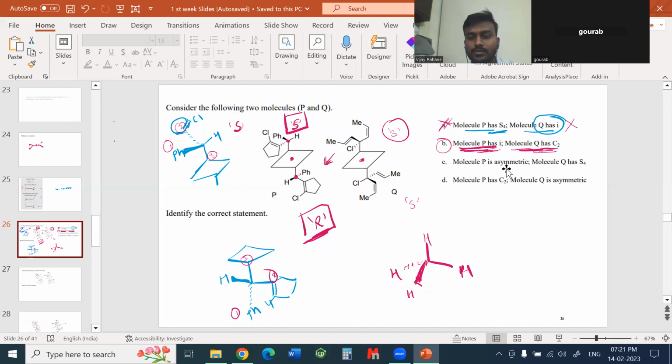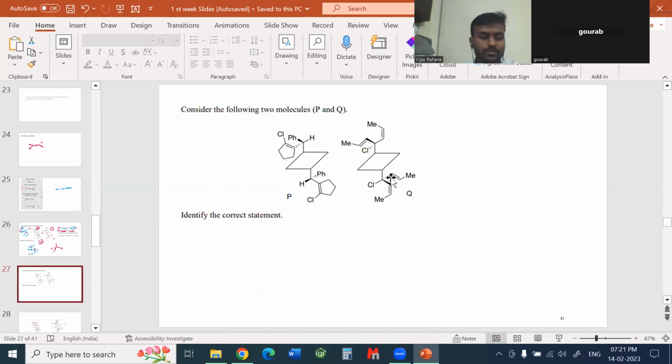What is the option? Molecule Q has C2. So does molecule Q have C2 or not? That we need to check. This molecule is having the inversion center, so this one is correct. But now we need to check whether it's having the C2 or not.